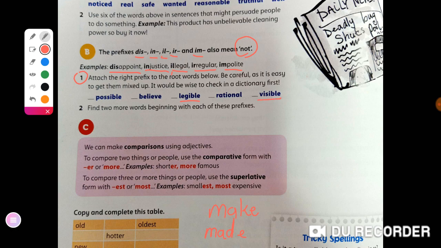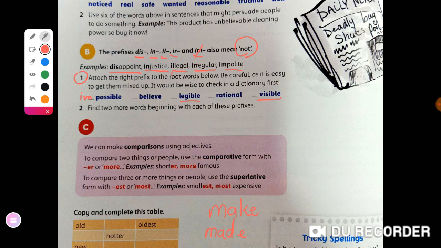All right, so possible. Is it dispossible, or impossible, or illpossible, or irpossible? We all know that pretty well, so it's impossible. The first one is impossible. Believe.